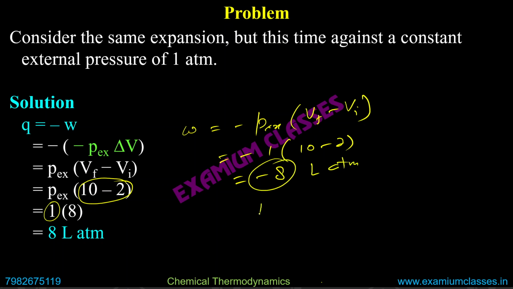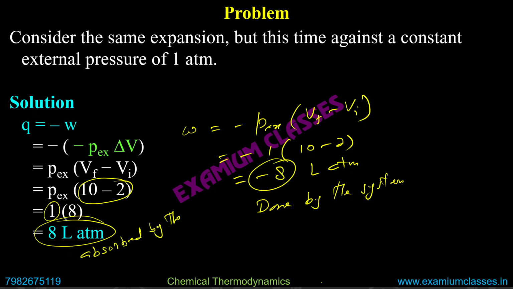It means it is done by the system. This is plus. It means absorbed by the system. This much heat absorbed by the system. Positive means on the system, to the system. Negative means done by the system, from the system.